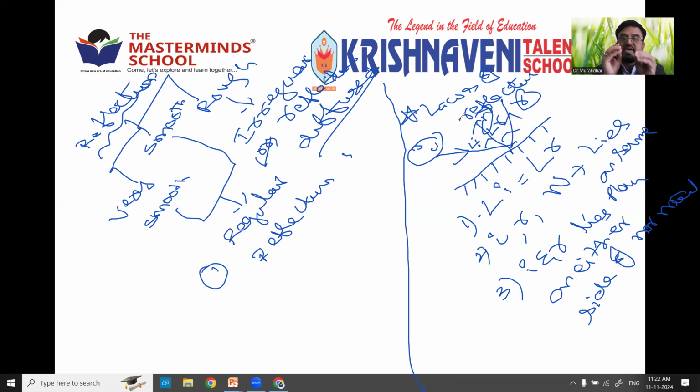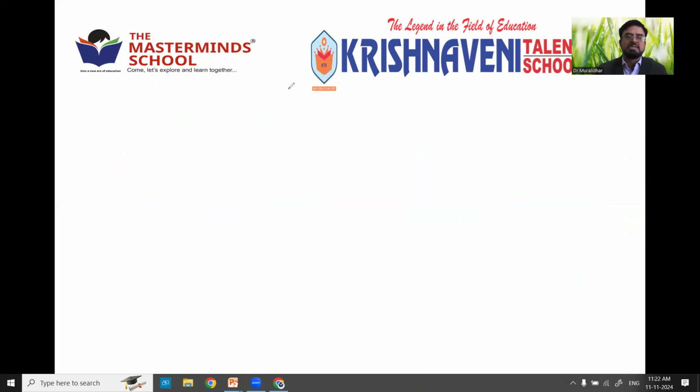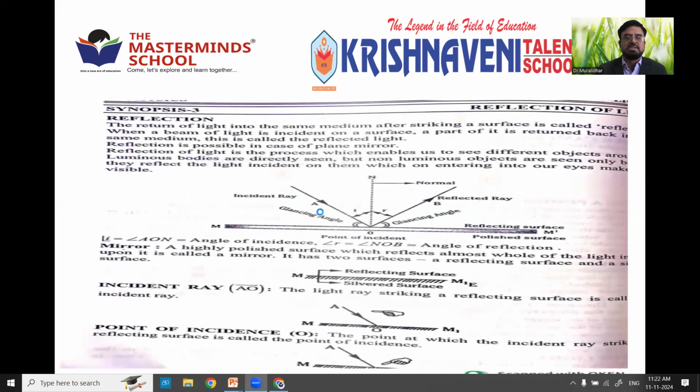Based on the surface on which light is falling, reflection is divided into regular reflection and diffuse reflection. After knowing the definition and seeing the picture, you can understand the laws of reflection. You can see this picture also when you move back, where you can clearly understand it.